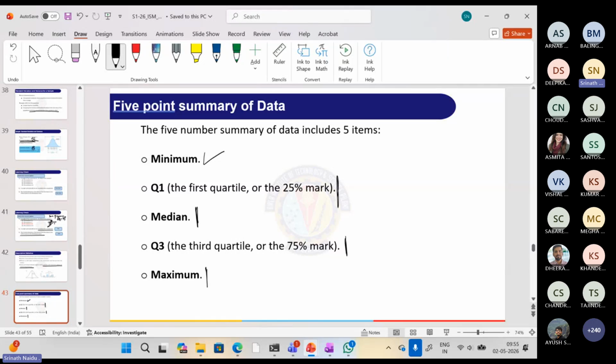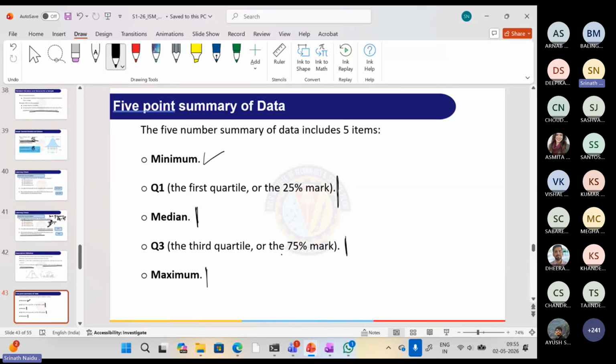So if you want a 5-point summary, you ask what is the smallest element in the data? What is Q1? It is the point in the data such that 25% of the data is less than that point, and 75% is more than it. That point is called Q1.